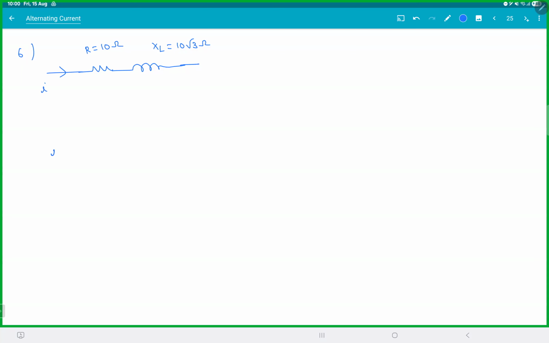This is current I. So I is equal to 2 sine omega t plus pi by 3. On top of it, you also kept a voltmeter here. AC voltmeter. There. So find VR as function of time t. Find VL as function of time t.